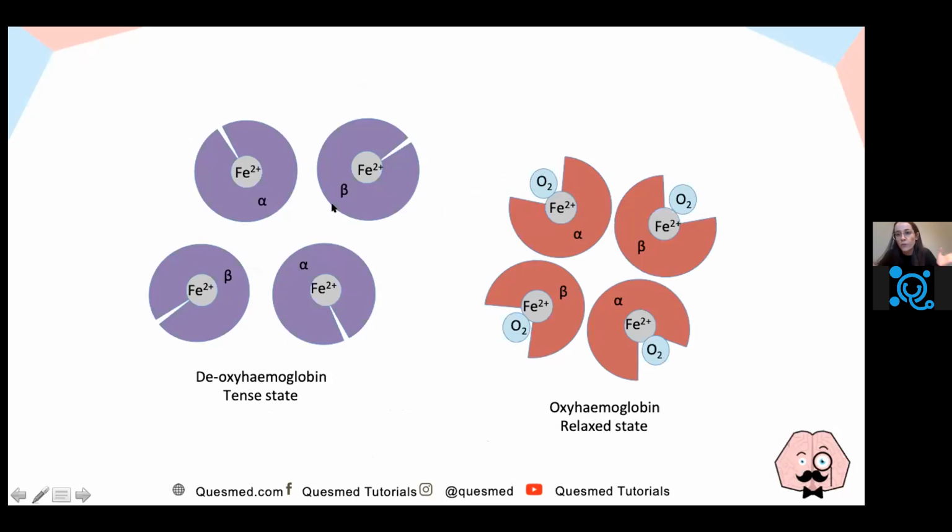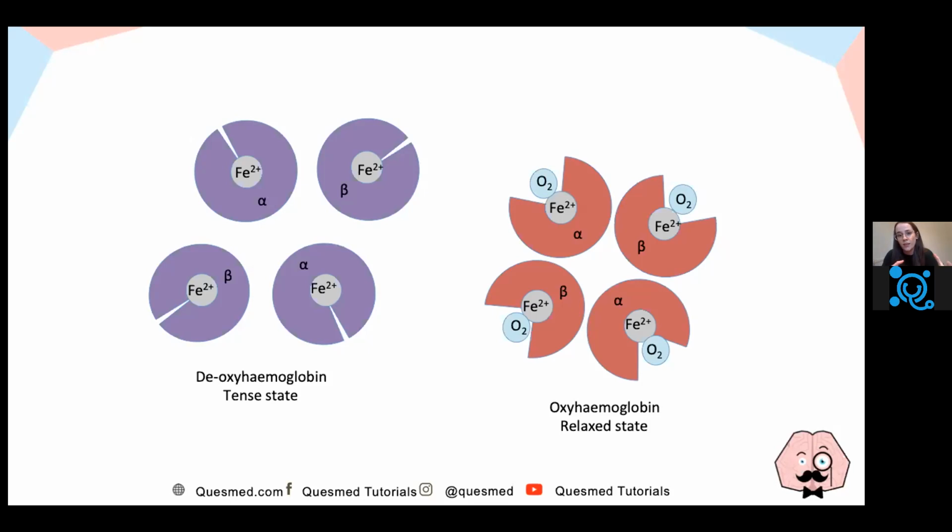What I've tried to illustrate here is deoxyhemoglobin and oxyhemoglobin. As oxygen starts binding to hemoglobin, the beta chains undergo a conformational change and pull in closer together, and this changes the shape of the hemoglobin molecule.